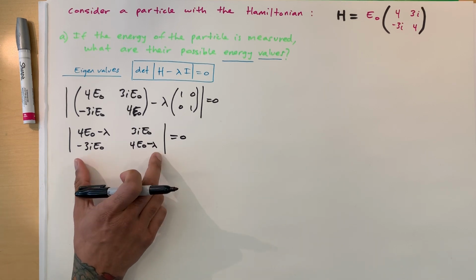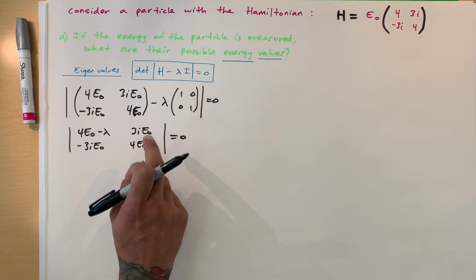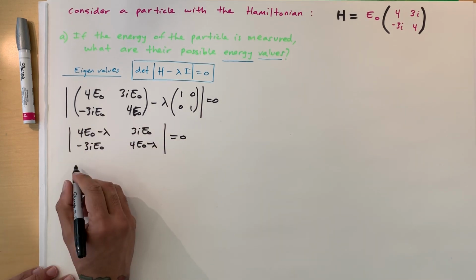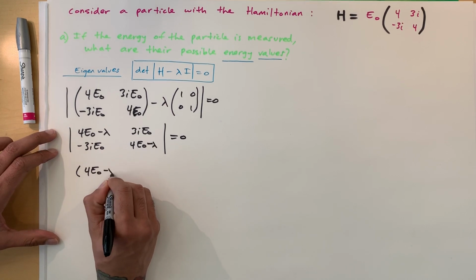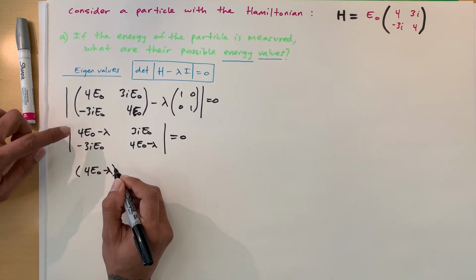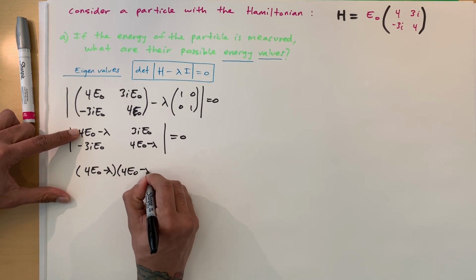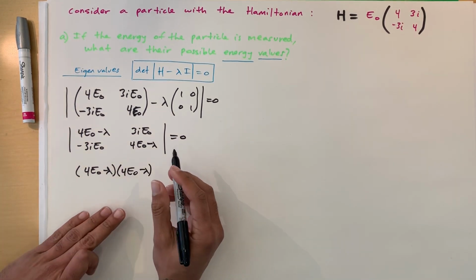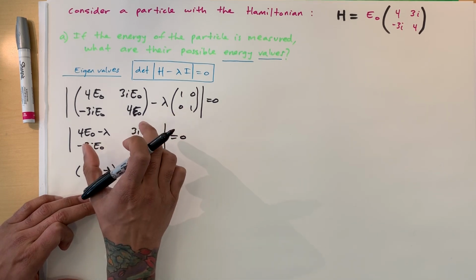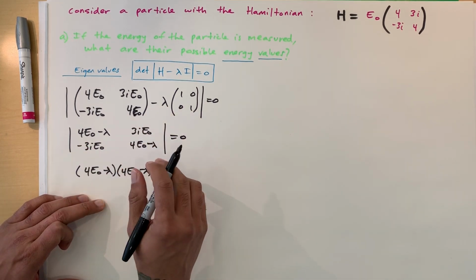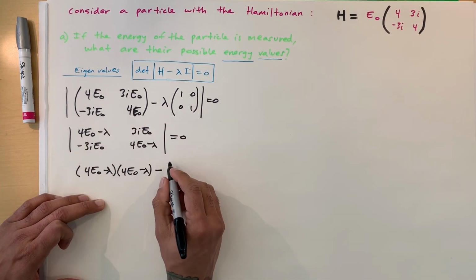Now let's evaluate. We have this times this minus this times this. So this times this is 4 E naught minus lambda times 4 E naught minus lambda. And then minus, let's just write it out, minus this times this.